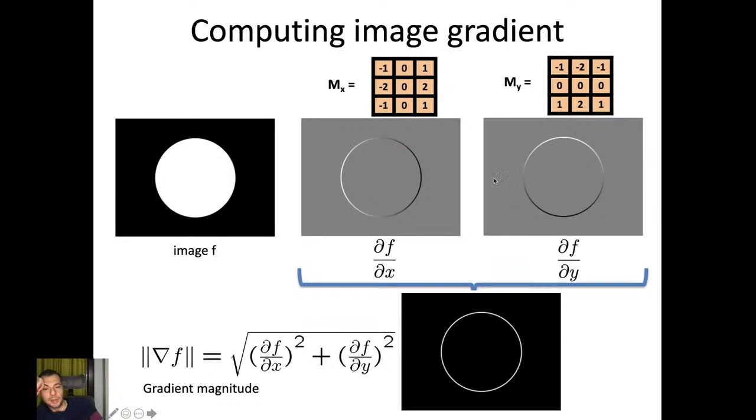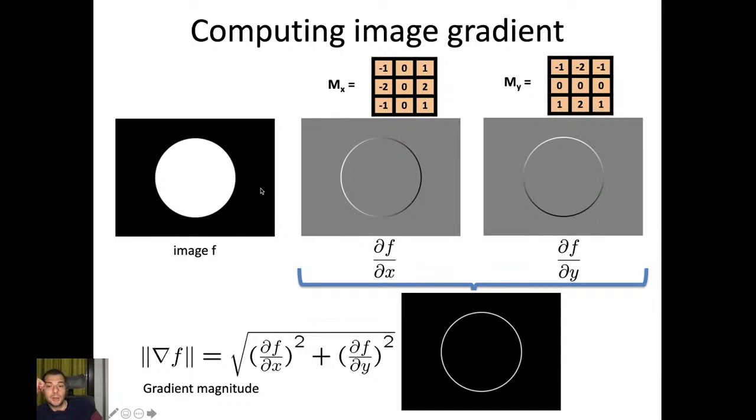And when we compute the gradient of the image, here we have the partial derivatives, and now the gradient is given by the square root of these squared components. When we compute these, we obtain the gradient magnitude.